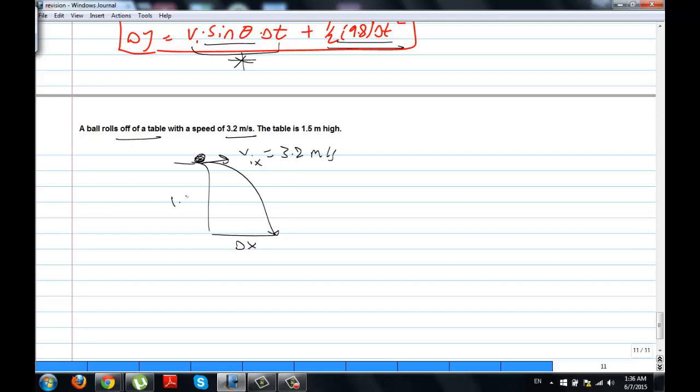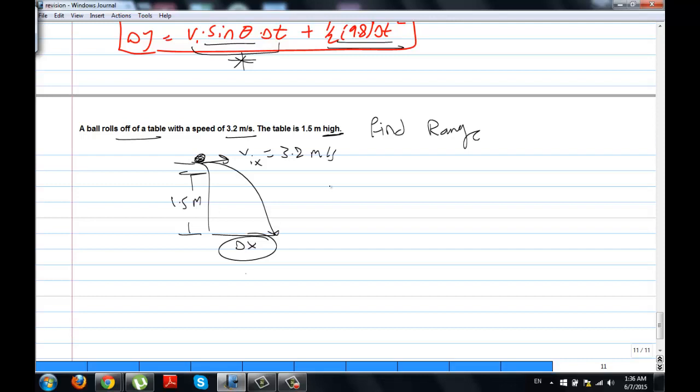And the height is also given, which is 1.5 meters. He told you that, the table height, with the speed of the table. Okay, let's say that I need the range, find the range. I need the delta x.